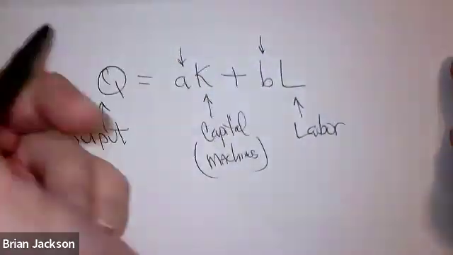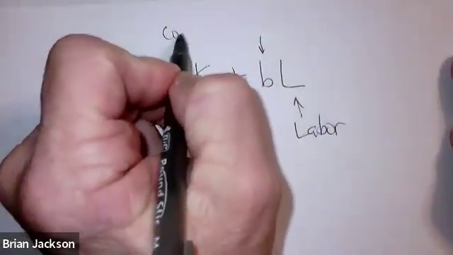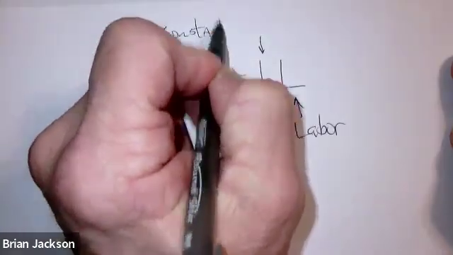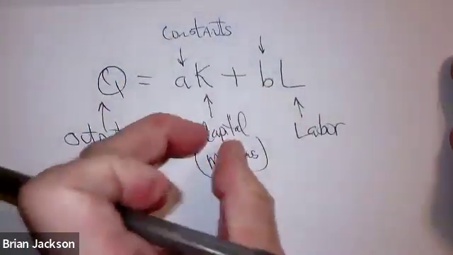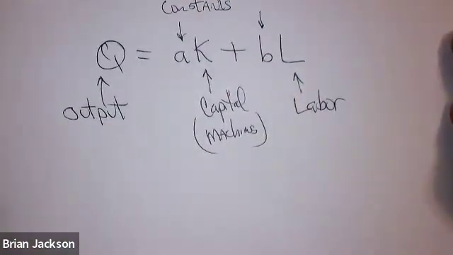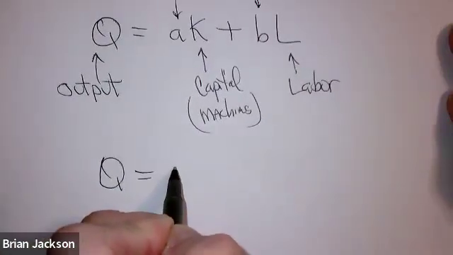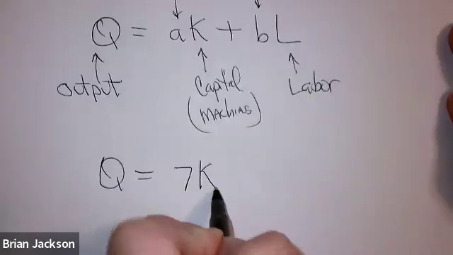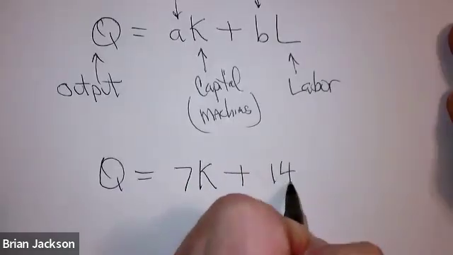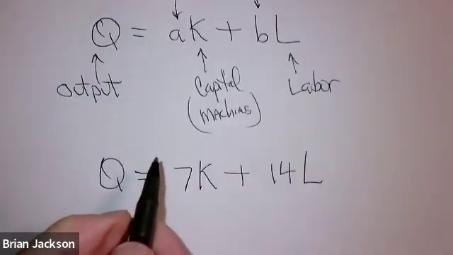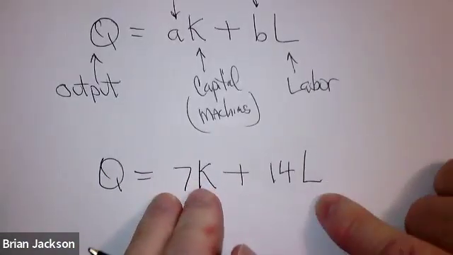These parameters or constants will give you the formula of how to combine units of capital and units of labor to get units of output. So for instance, Q output could be seven machines plus 14 workers. Now think about this a second.